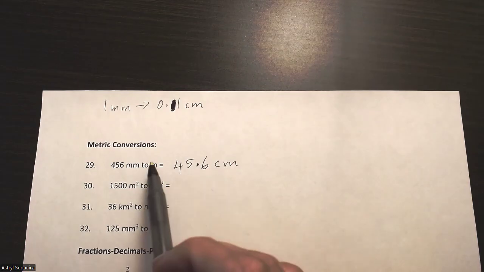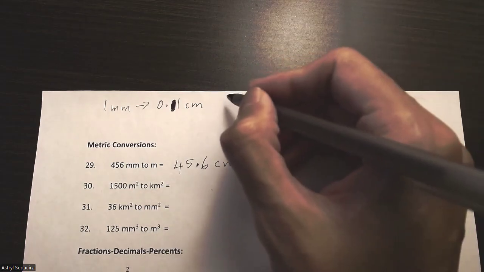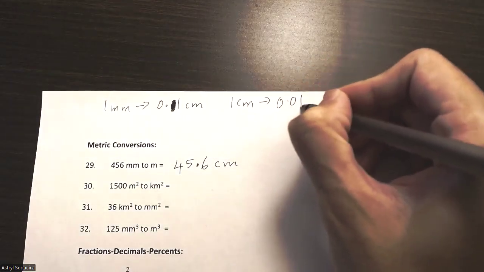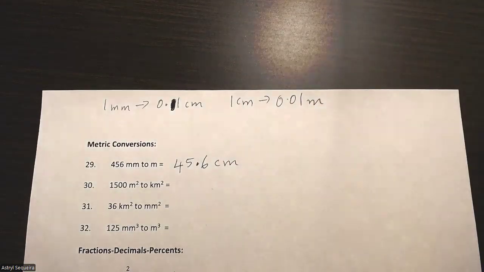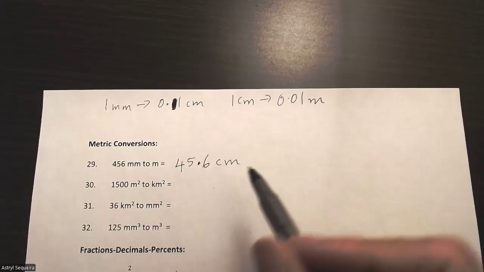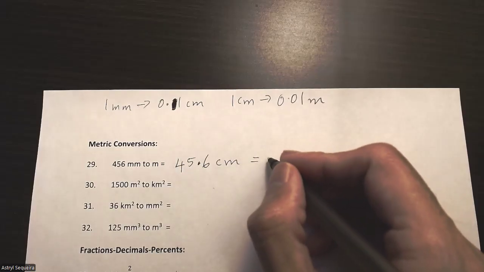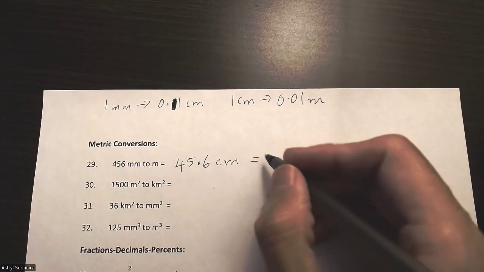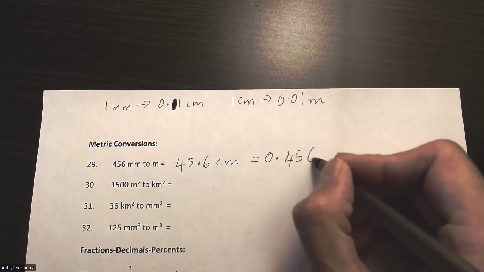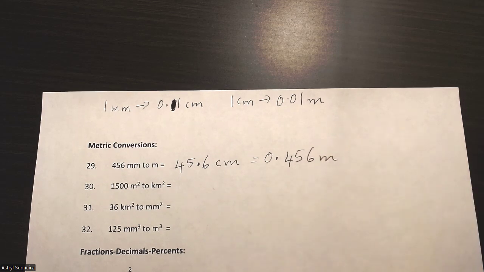Now to convert from centimeters to meters, 1 centimeter is 0.01 meters because 100 centimeters is 1 meter, which means I have to move the decimal place 2 times. So it's 0.456 meters.